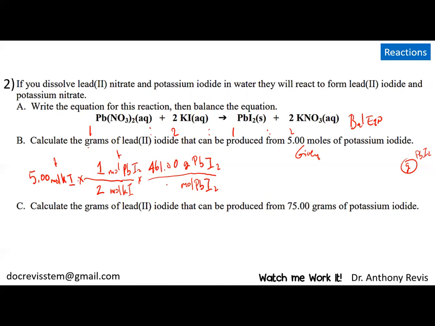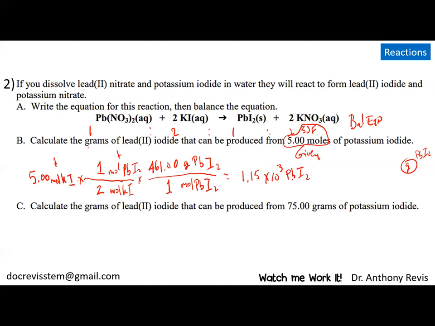And so we go like this. That works out. The math works out. And what I obtain is 1.15, 3 sig figs because I see that I have 3 sig figs here in the given. That's good. 1.15 times 10 to the 3 grams PbI2.